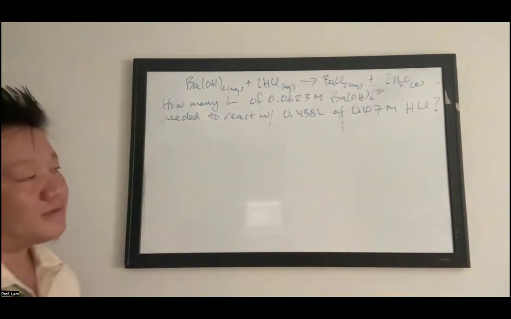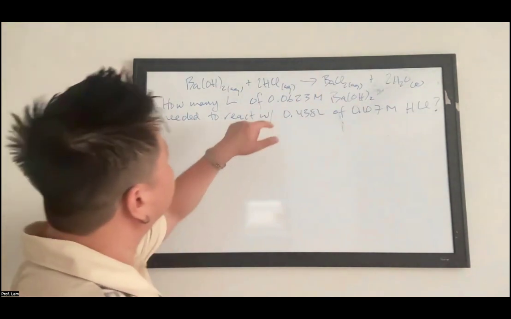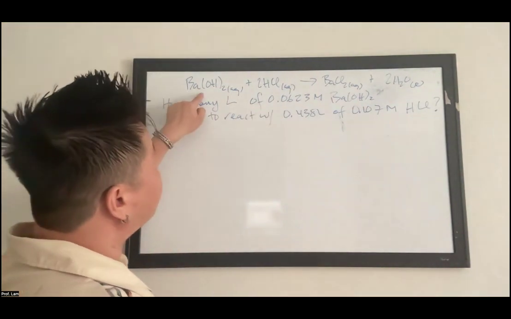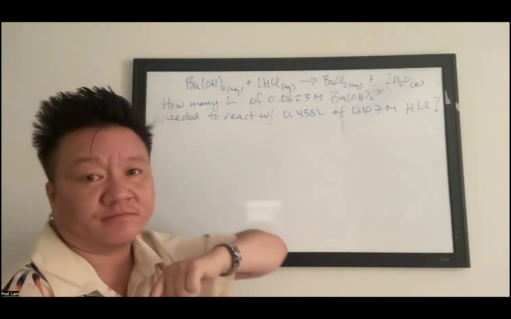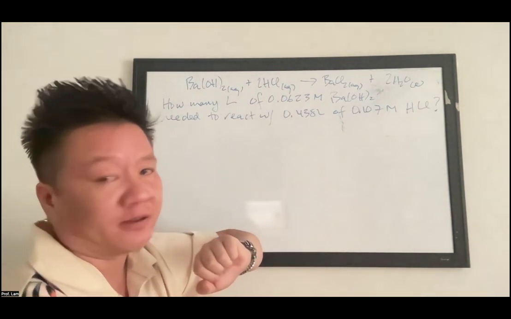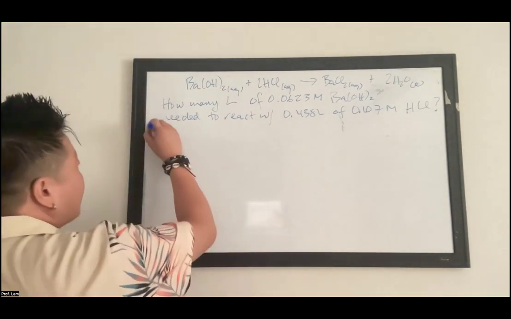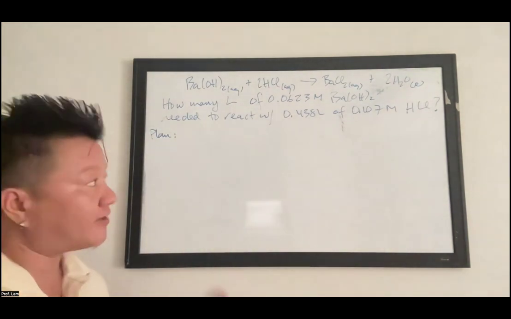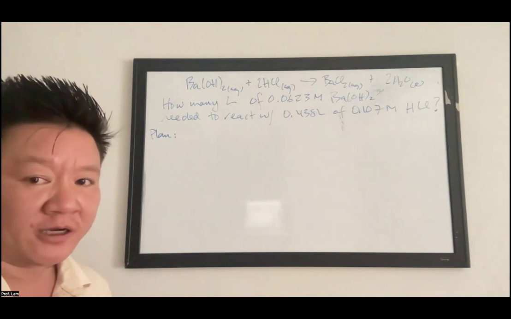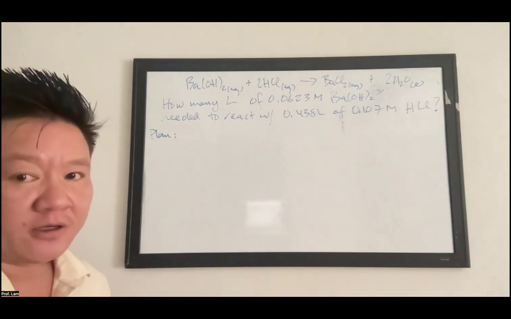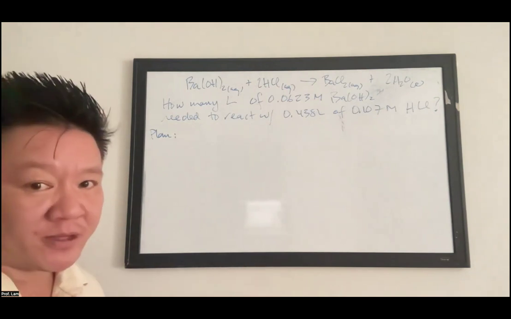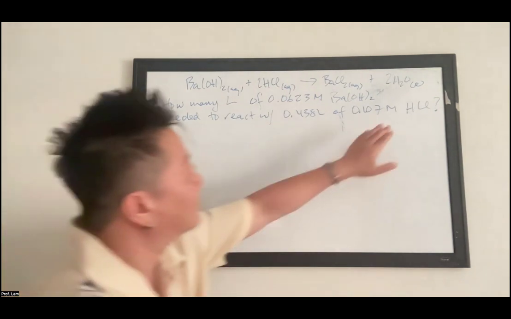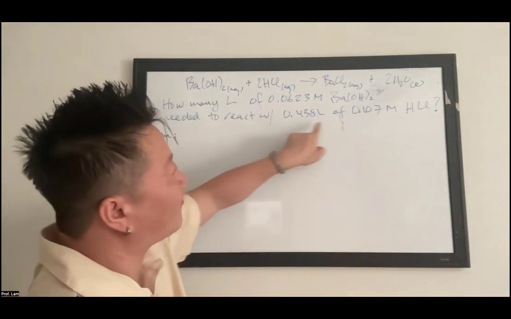All right, so again, let's look at the two things we're relating. What are the two things reacting? Barium hydroxide and HCl. That's our A and our B. We make a plan. Where do we start? Remember what I said? You need to find the thing that has both a volume and a molarity. That's where you start. Is it A or B that has both? It's HCl that has both a volume and a molarity.